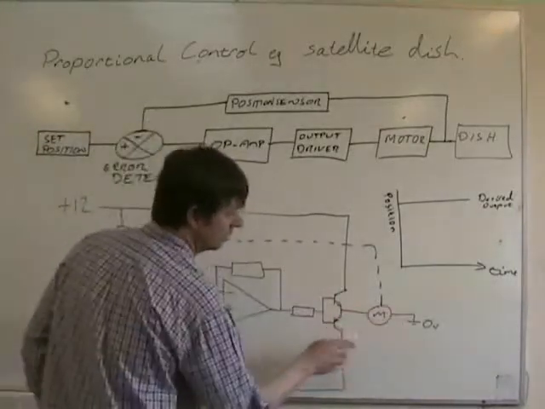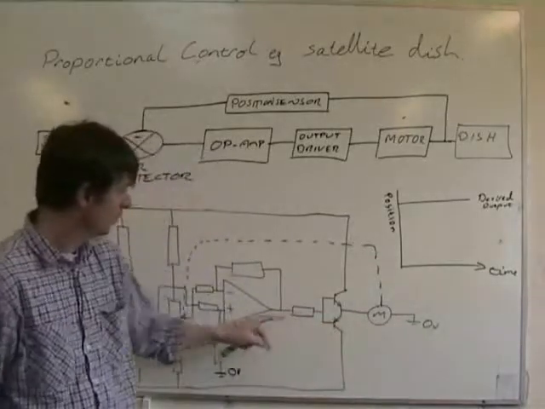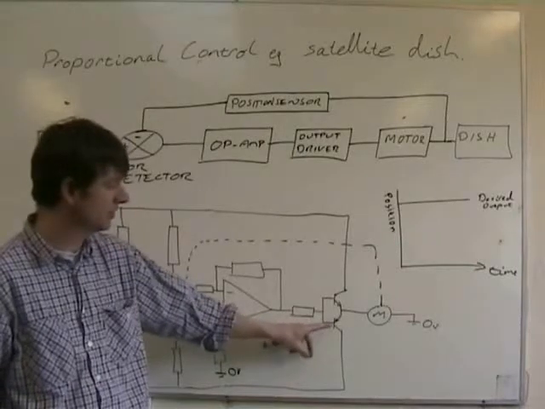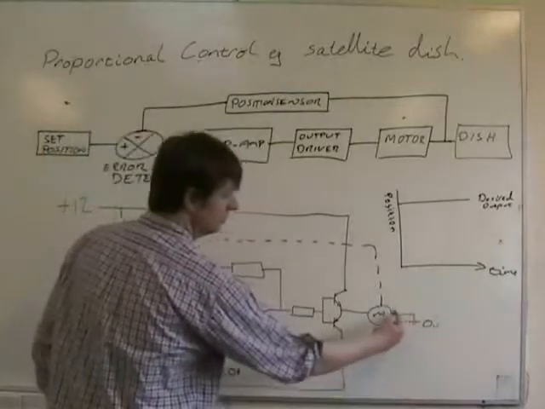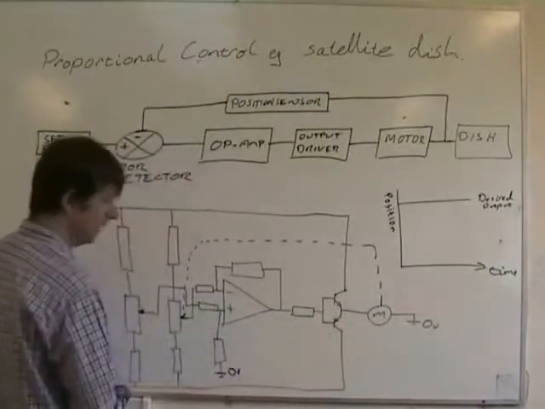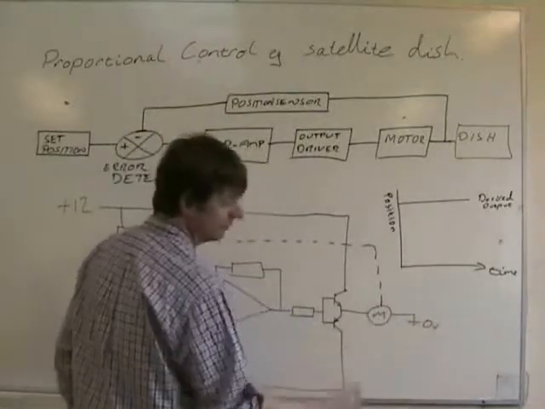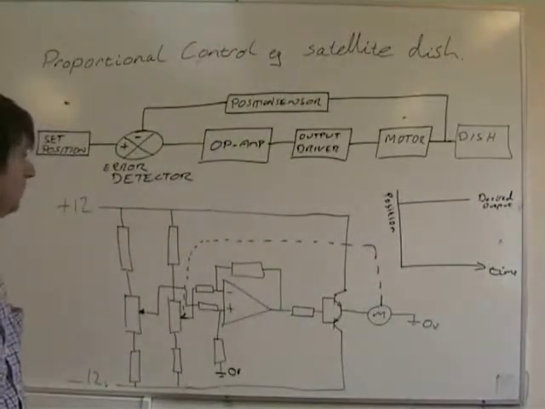So the current's flowing that way through the motor. When the output here gets to -0.7, this transistor will switch on. Current will now flow from 0 down to -12, so it's going that way through the motor, a different direction. The motor will spin in the opposite direction to earlier.